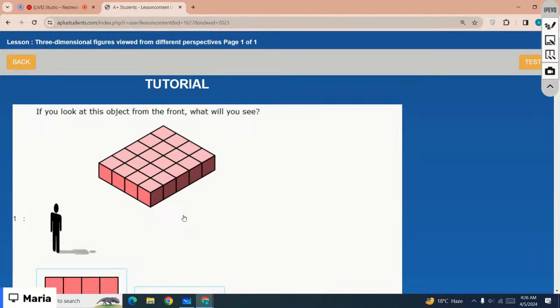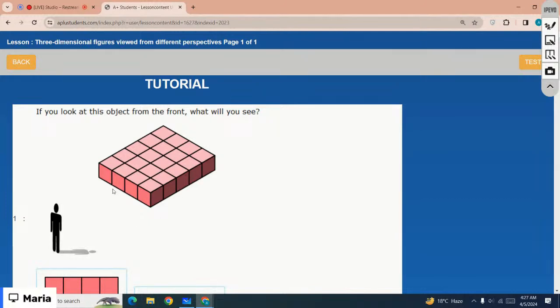If you look at this object from the front, what will you see? Like you're looking from this side, right?